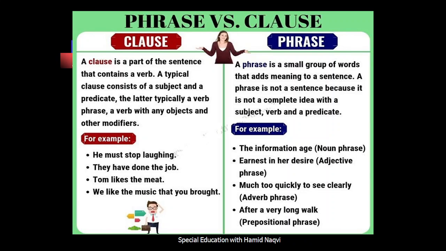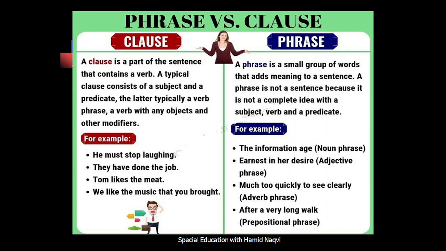There's another example. They have done the job. In this particular case, it is both a clause as well as a sentence. And the third one is Tom likes the meat. It is a clause as well as a sentence.